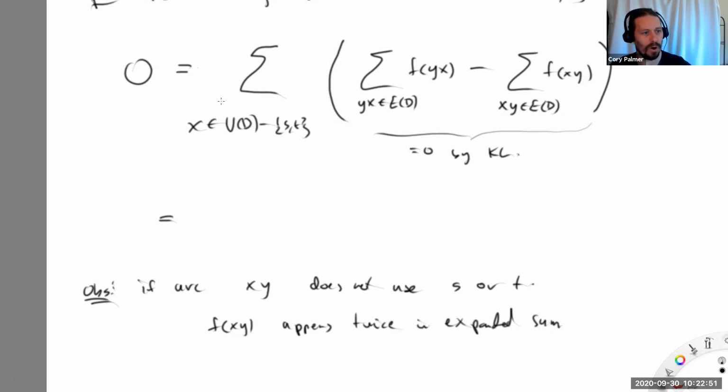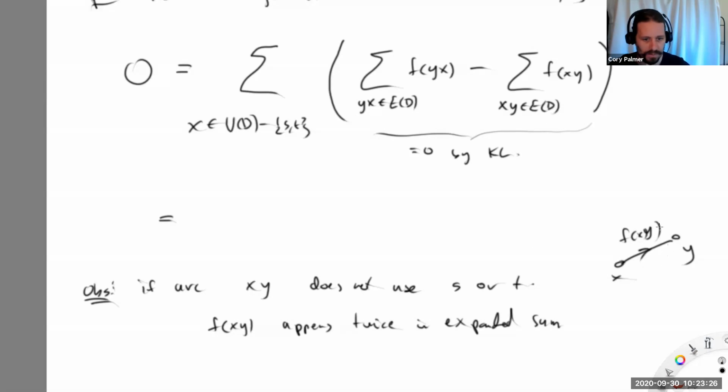If I wrote out all the terms of the sum before canceling, over every single vertex other than S and T, computing all of these flow values before subtracting from each other, then for any given arc, like XY, the flow on XY is going to appear exactly twice in this expanded sum. On one occasion, it will be part of the flow out of X, and on another occasion, it'll be the flow into Y.